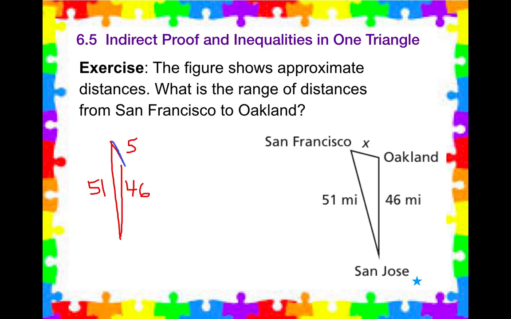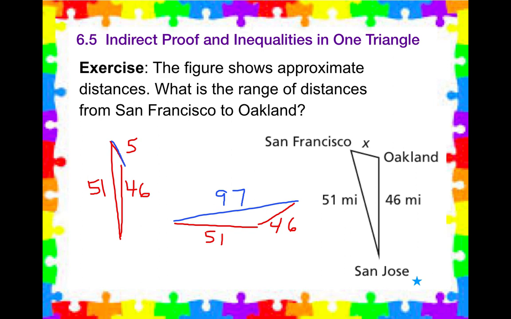But what if I make this longwise? I'll make this one the 51, and then this is the 46. If I connect the 2 together, then the distance is going to be somewhere around 97, and actually a little bit less than 97.